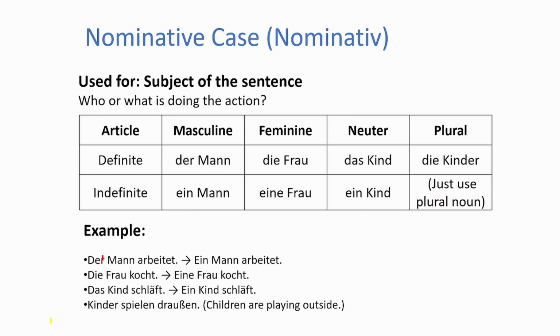We just use Kinder. For example, der Mann arbeitet means the man works. You can use the indefinite article like this: Ein Mann arbeitet. A man works.